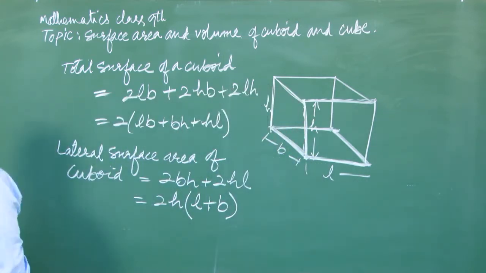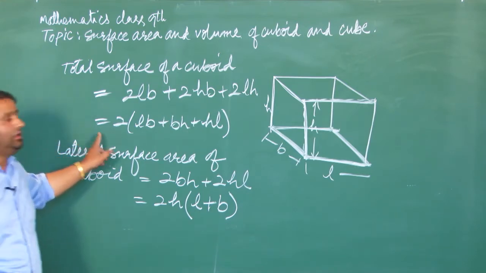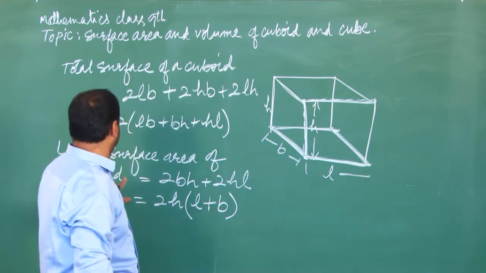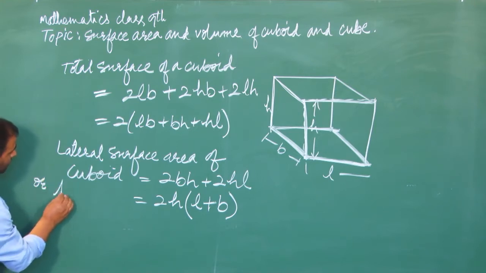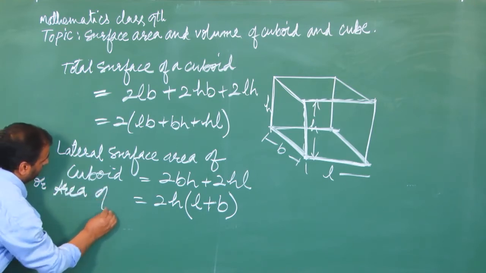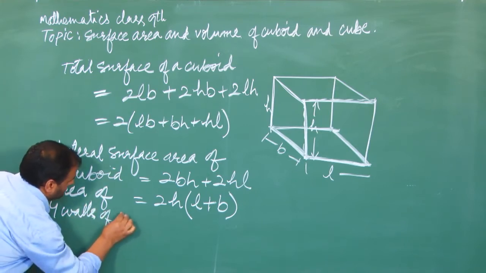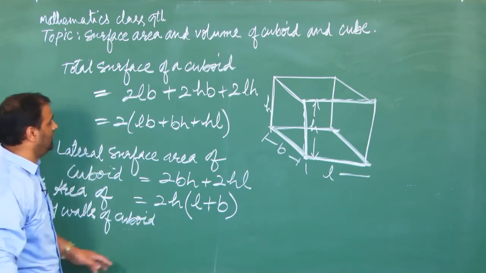So these are the total surface area of cuboid, 2 times length breadth plus breadth height plus height length, and the lateral surface area of cuboid, or you can say area of 4 walls of cuboid, is twice height into the sum of its length and breadth.